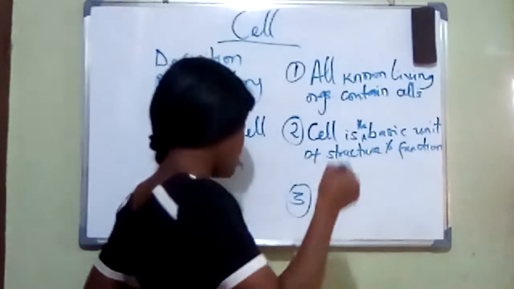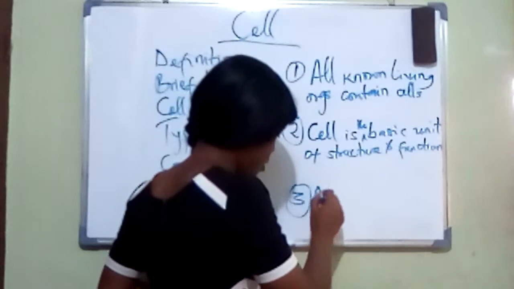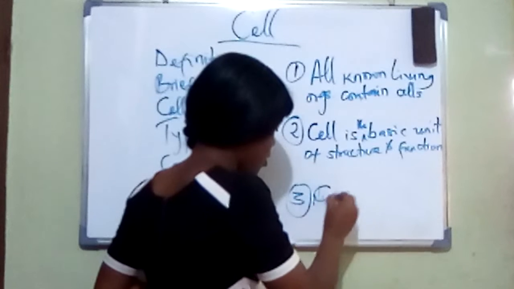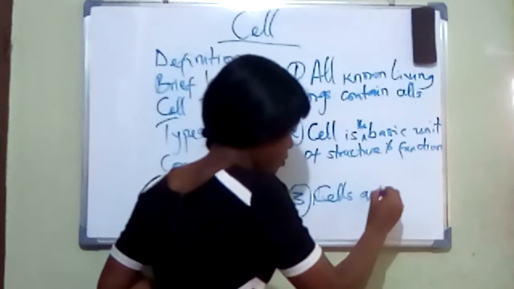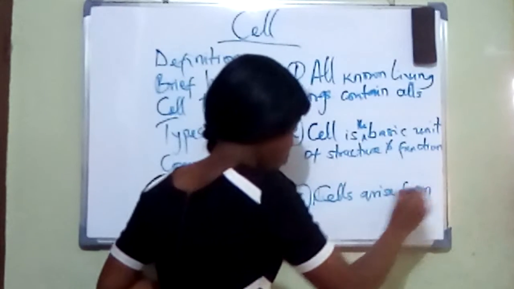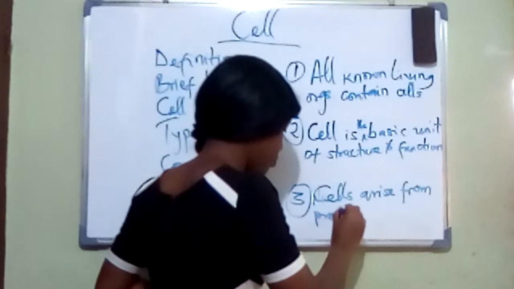And then the last tenet says that cells arise from pre-existing cells.